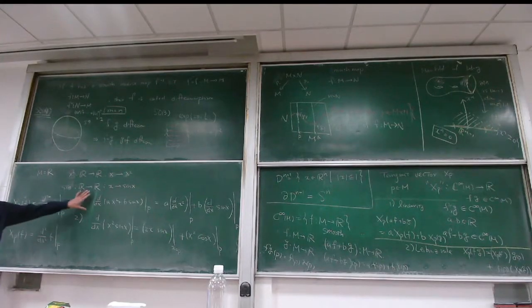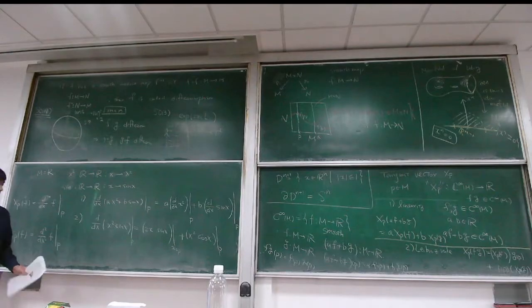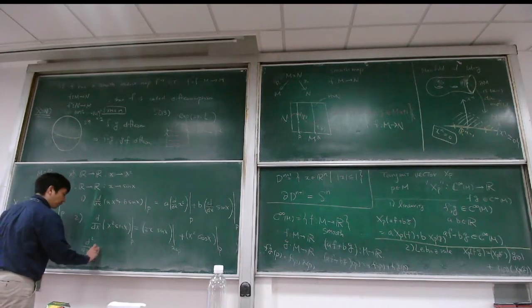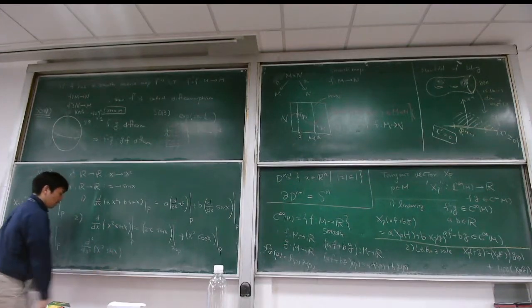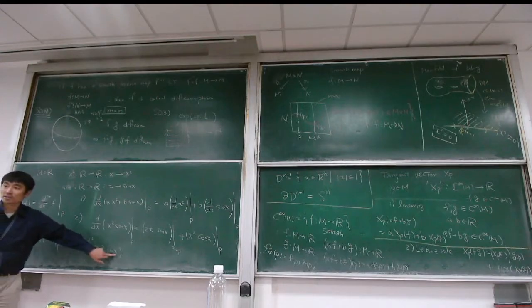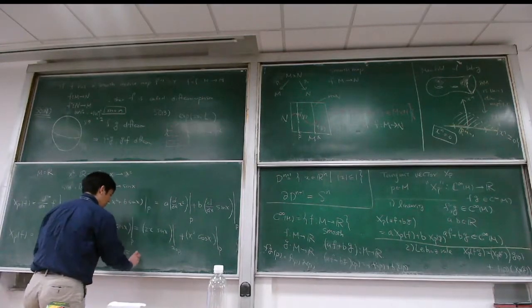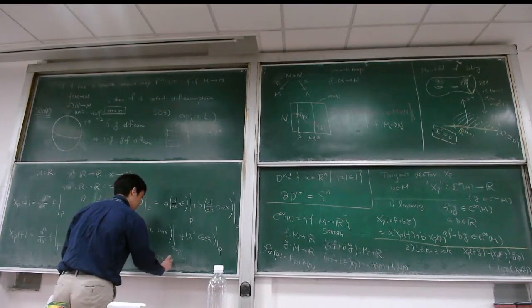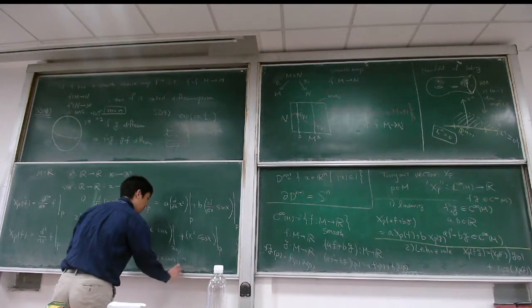Linearity is okay; the second derivative satisfies linearity, but it breaks the Leibniz rule, because if you do d/dx squared, d/dx can act on this one and this one, so there's a term something like plus 2x cosine x at point p.